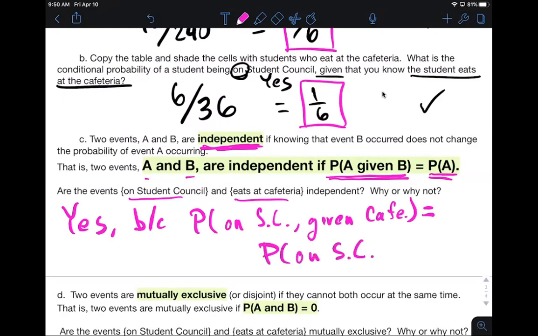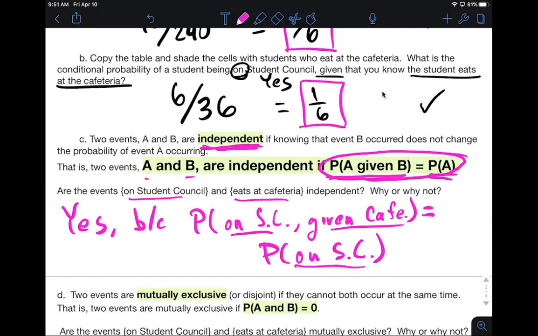In other words, it fits this definition perfectly. If the probability of A given B equals the probability of A, so here's A and here's our condition B, and it equals the probability of A, then this rule fits for this situation. In other words, the events being on student council and eating at the cafeteria are in fact independent events. They don't change each other.